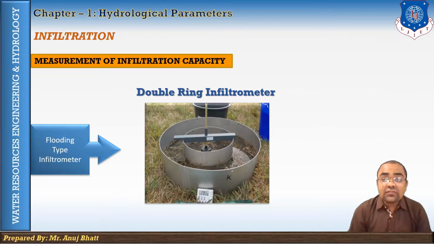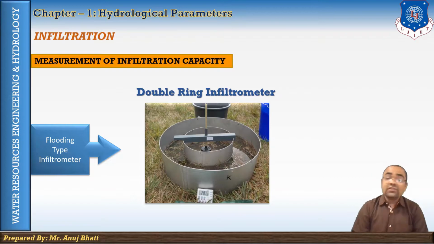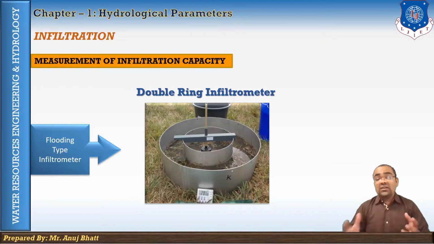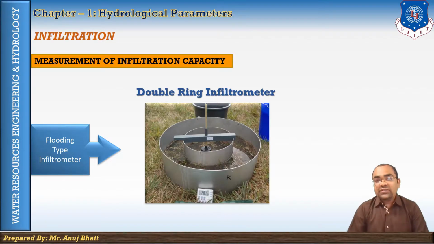This ring infiltrometer cannot reliably characterize the infiltration of furrow irrigation, sprinkler irrigation, or any kind of rainfall. With the single ring infiltrometer, the water spreads laterally as well as vertically, and the analysis becomes more difficult. So these are the problems that arise while using ring infiltrometers.